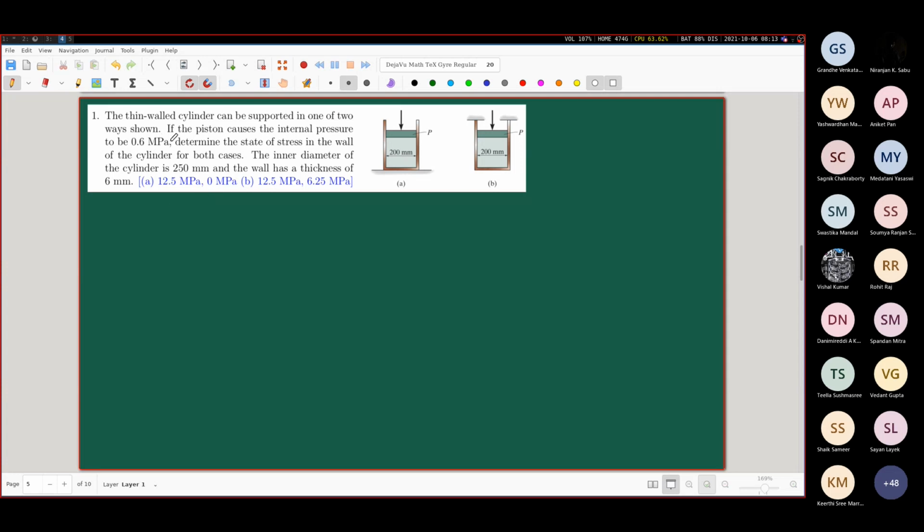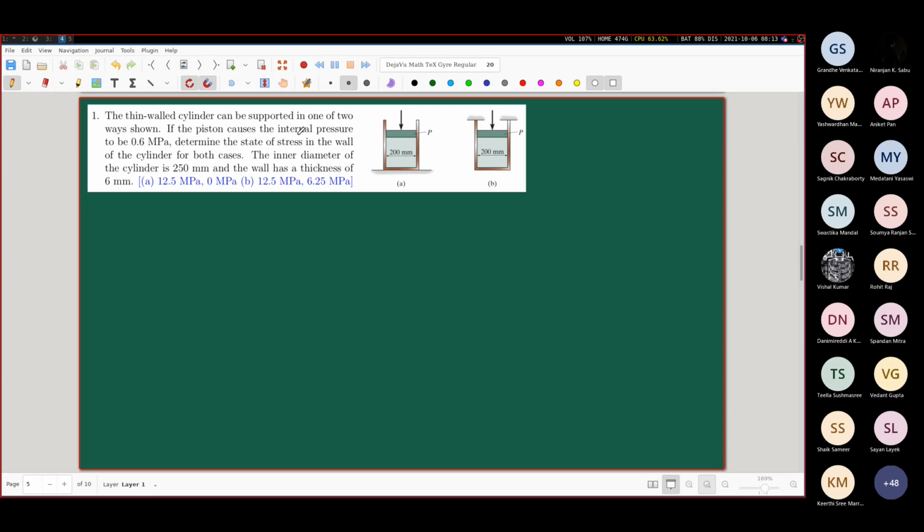So we have a thin-walled cylinder which can be supported in one of two ways shown. In the first case, the cylinder is standing on some flat platform, some floor. And in the second case, the cylinder is hanging from a wall. That is the two different situations being mentioned here.